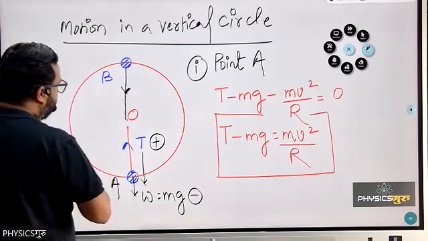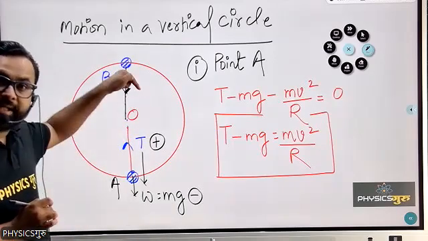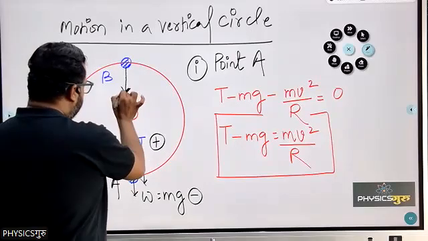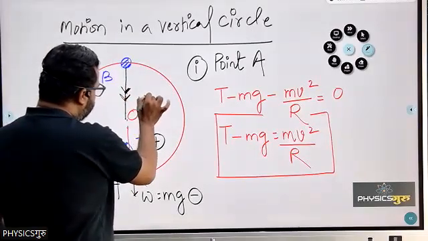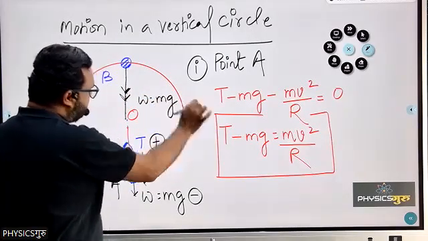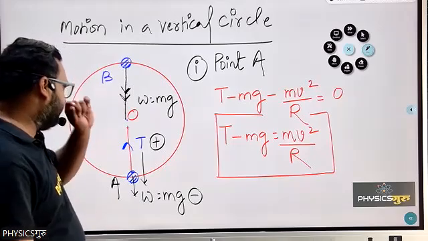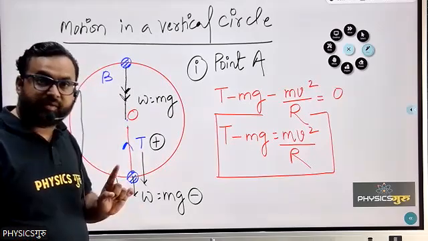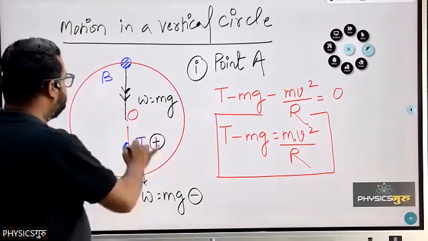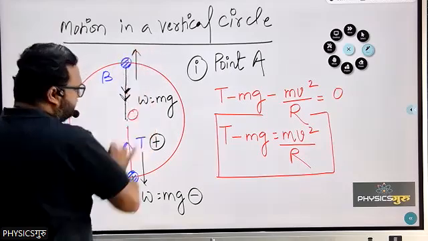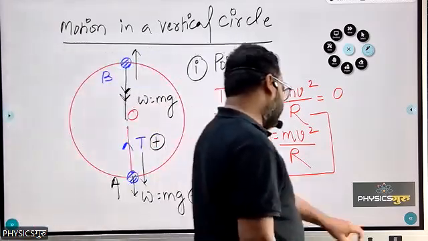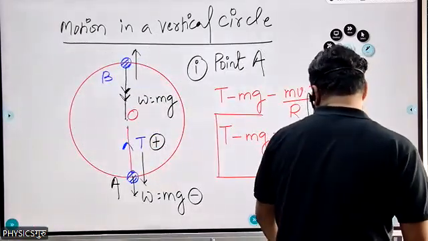Weight is also acting downward, W equals mg, mass into gravity. And we have a centrifugal force acting away from the center. Now we'll try to balance this equation.